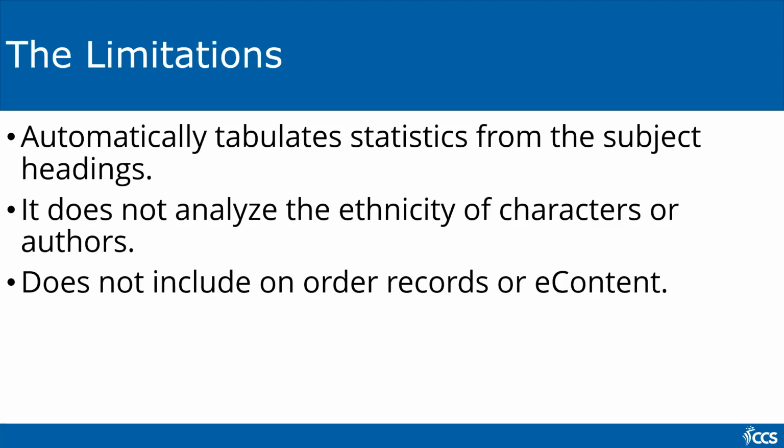However, summaries don't always clearly explain the diverse elements in a plot, especially when it's just a characteristic of the character. So the tool cannot include ethnicities or sexual orientations of characters, for example, if they have not been included as a subject heading. An example I came across recently was a fantasy that I read that had gender fluid, gay, and asexual characters.